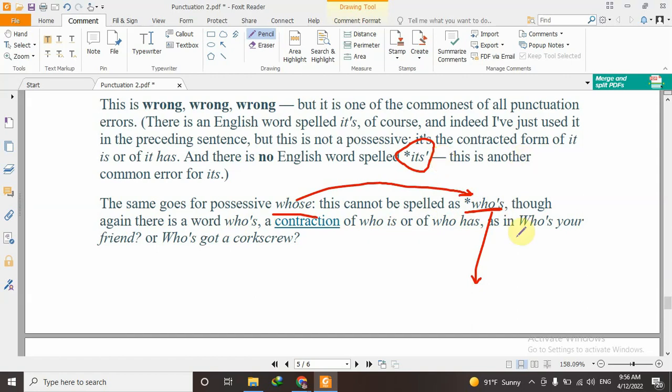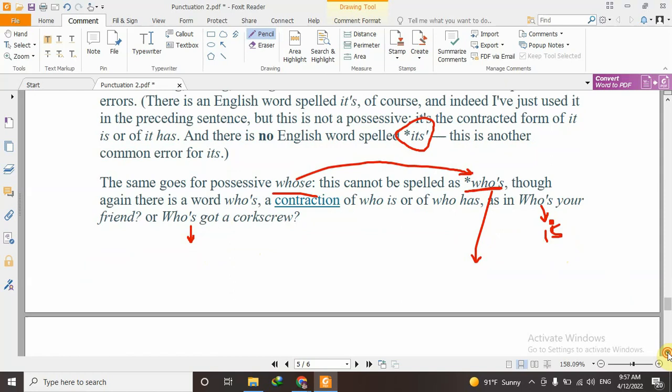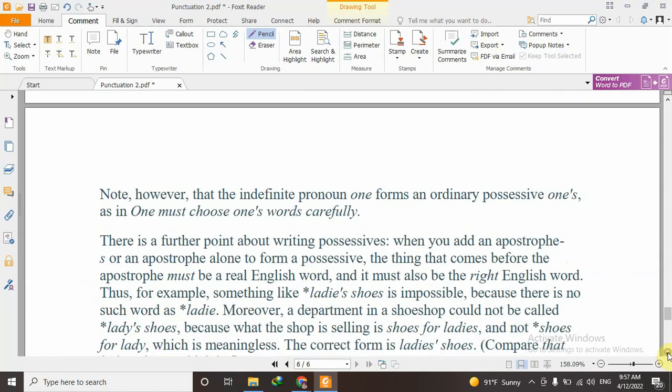For example, as in who's your friend. Who's your friend. This is who is, meaning who is your friend; the contraction here is of is. But the second example you have is who's got a cross cure. Now who's got here is who has got. In pronunciation, it doesn't show, except through the meaning, the whole meaning.